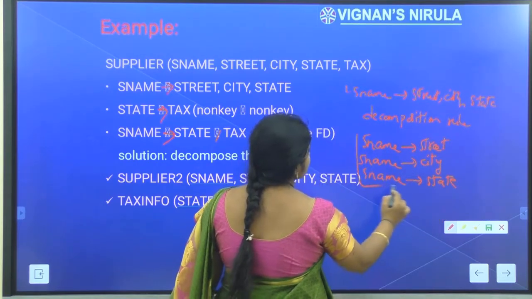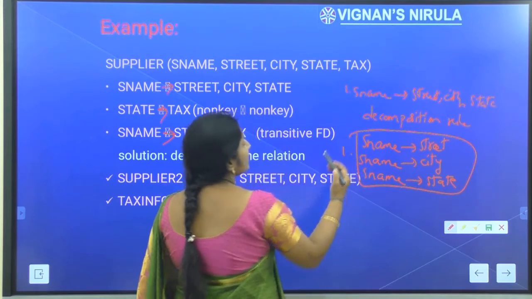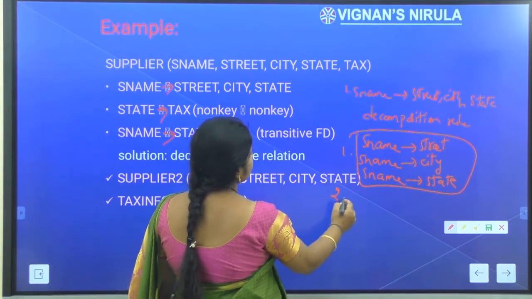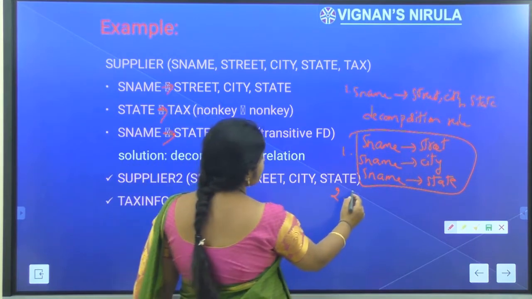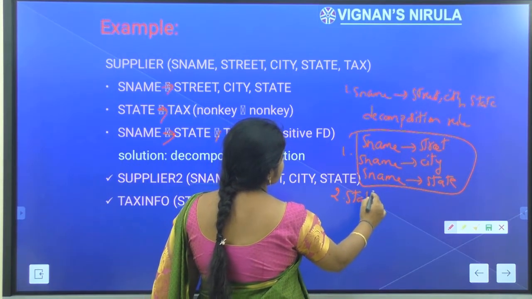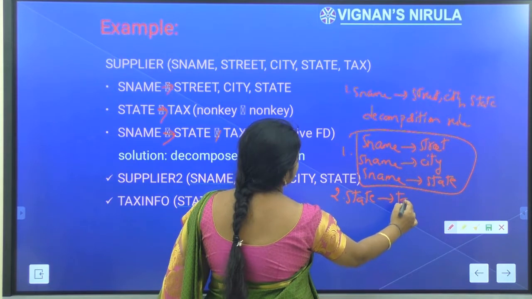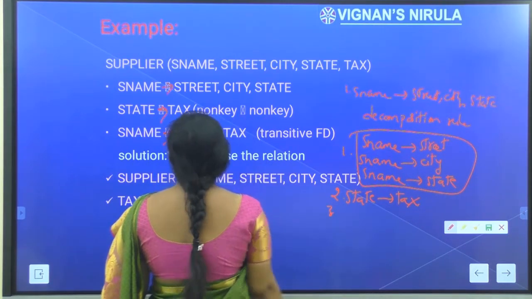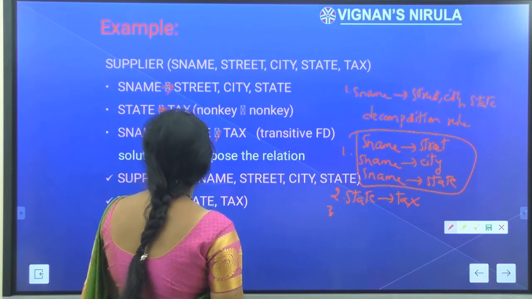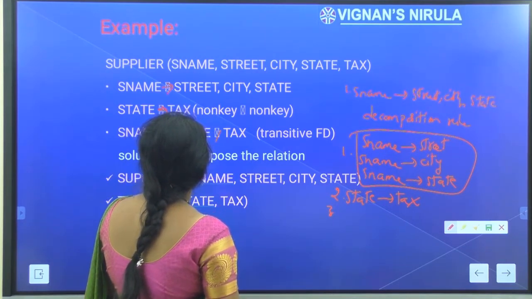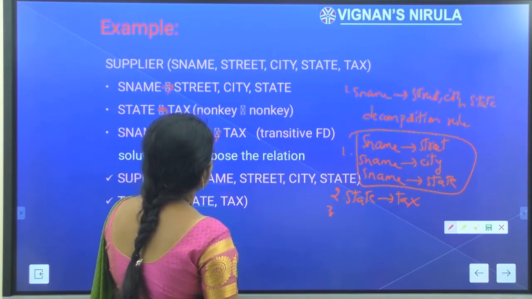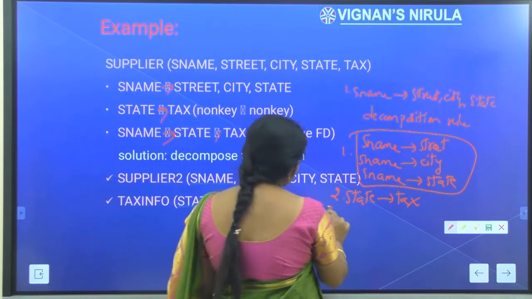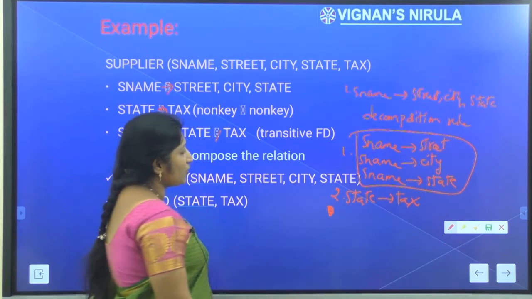So all these are the first FD. What is the second FD that has been given for you? State implies tax. So these are the two rules that have been given for you.